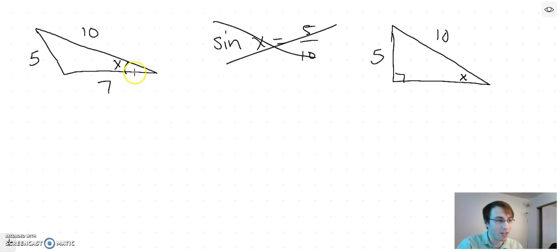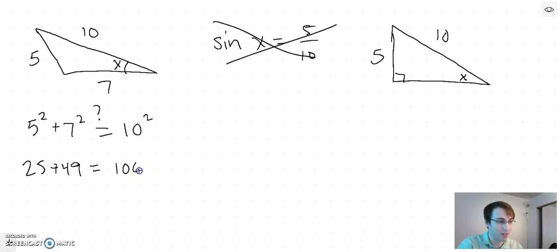But this isn't a right triangle, and we can tell right off the bat because 5 squared plus 7 squared, is that equal to 10 squared? Does that satisfy the Pythagorean theorem? Well, 25 plus 49, is that equal to 100? Definitely not. So this isn't a right triangle, so don't do that.